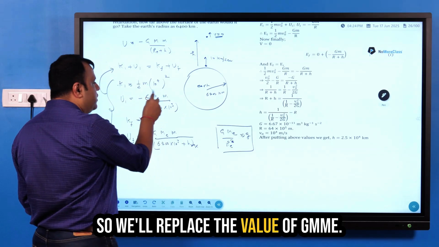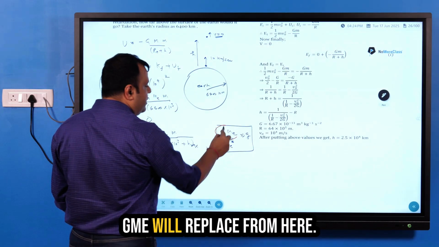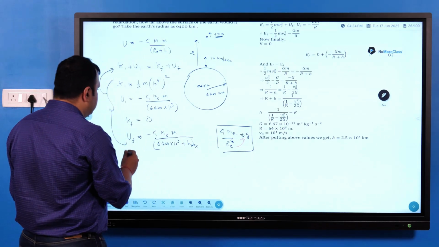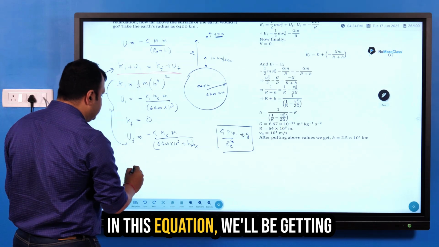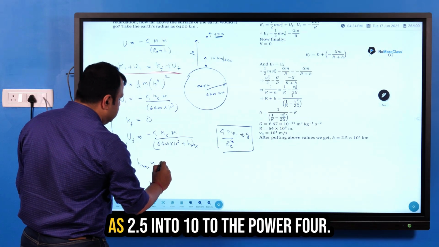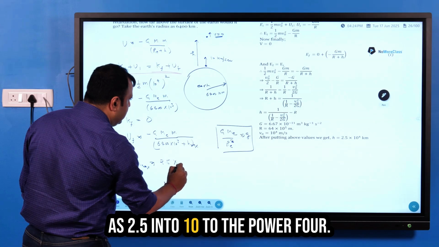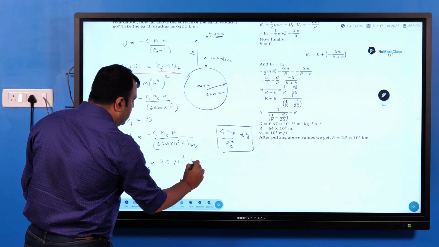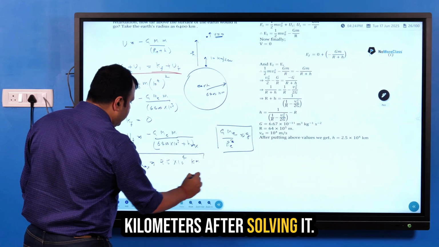So we'll replace the value of GME from here. When we put all these values in this equation, we'll get the value for H max, maximum height, as 2.5 into 10 to the power 4 kilometers after solving.